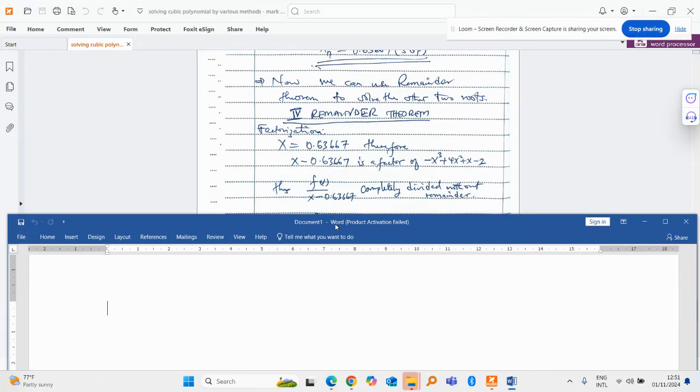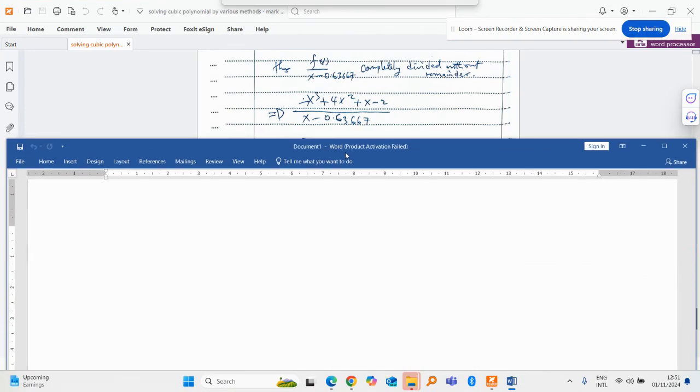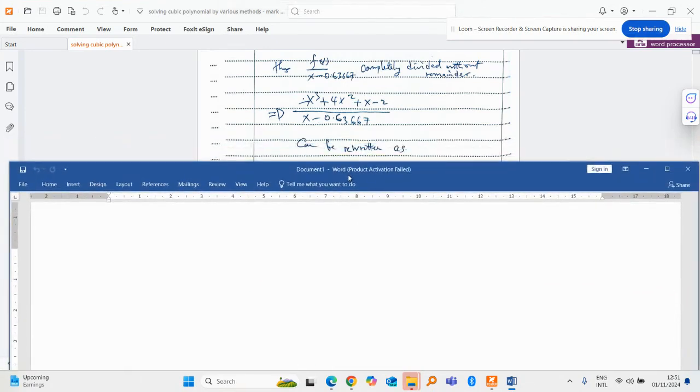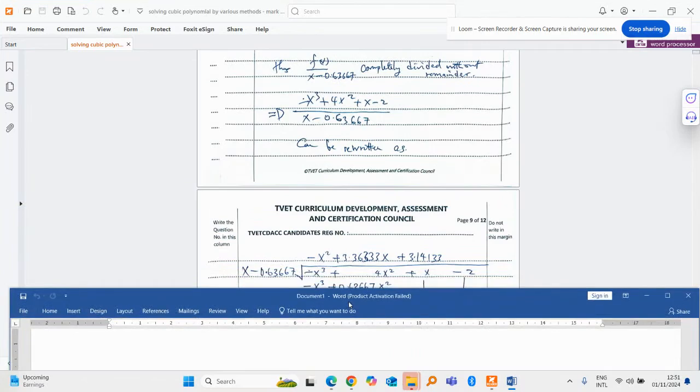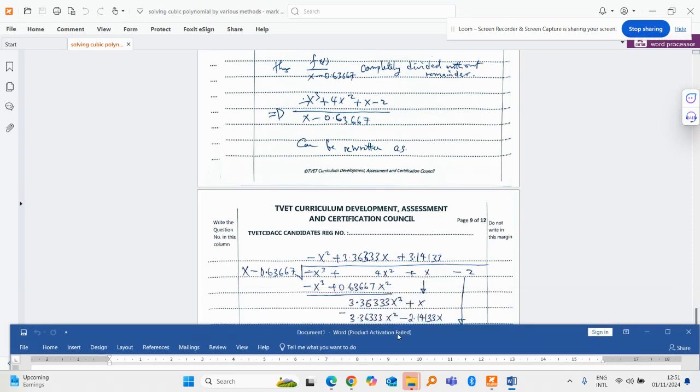So when we divide, that is how division is done. This one can be rewritten with the factor outside, then the number being divided inside, and we perform the long division.